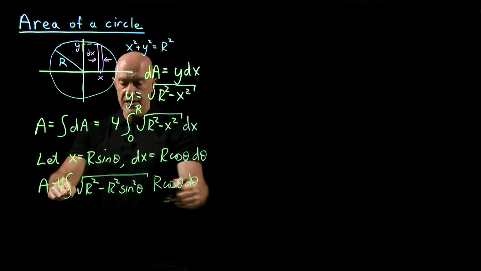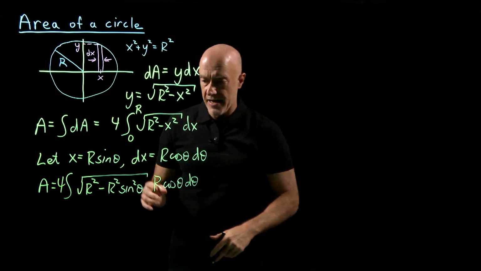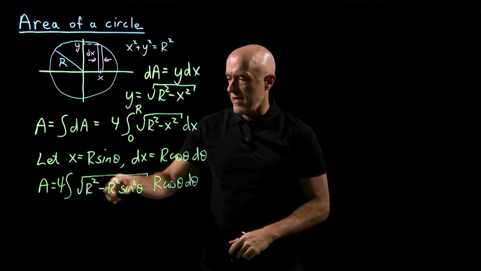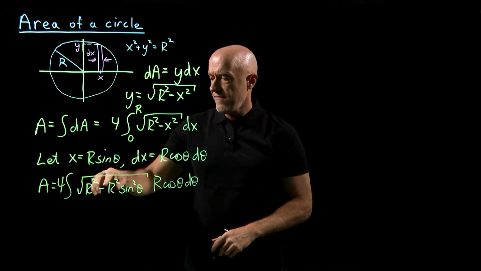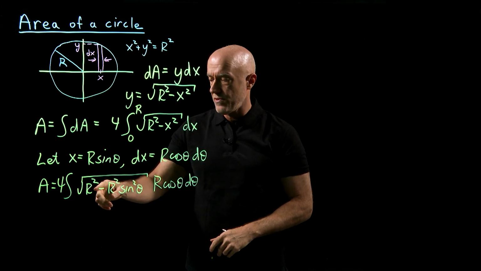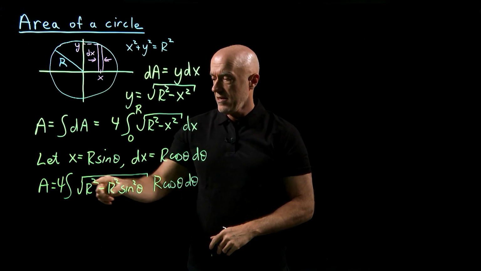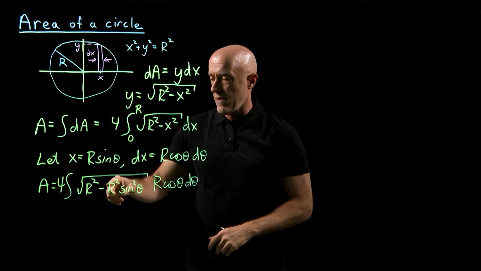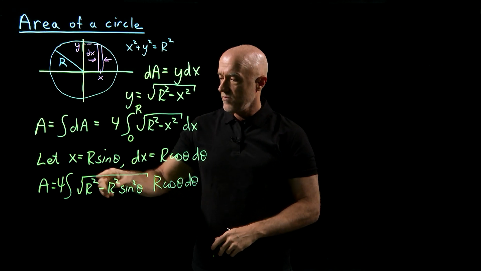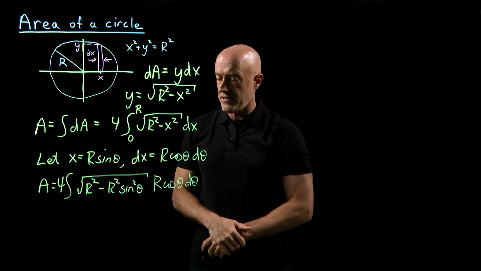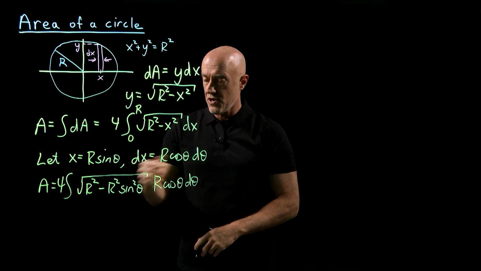So the area is given by this. Then we can simplify the r squared in both terms. We can factor it and then take the square root, so that gives us an r. And then we have another r here. Then we have the square root of 1 minus sine squared theta, which is the square root of cosine squared theta, which is cosine theta.